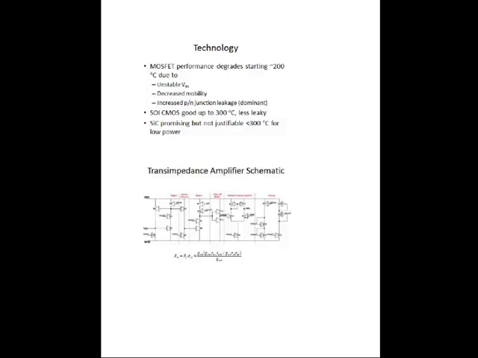This is the first stage of this amplifier, the transresistance part. M1, M2, M3 is a cascoded common source amplifier. M4 here is basically the transresistance that we use.